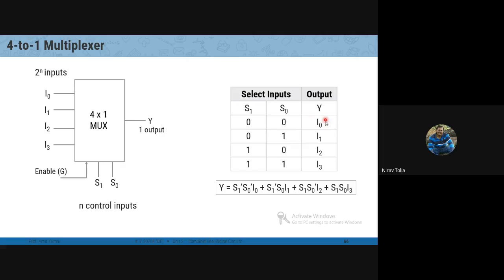When my I0 comes to the output, the select lines S0 and S1 are 0 0.